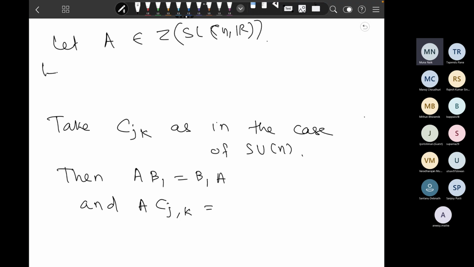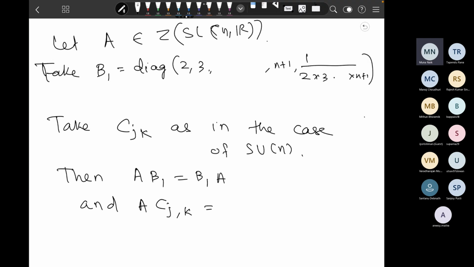Sorry. Actually, take B1 is equal to really diagonal of 2, 3 up to n plus 1, and this times 1 over the product 2 into 3 into up to n plus 1. Okay, now this is fine, right? Now it is fine, right?